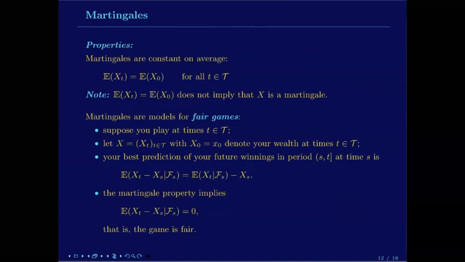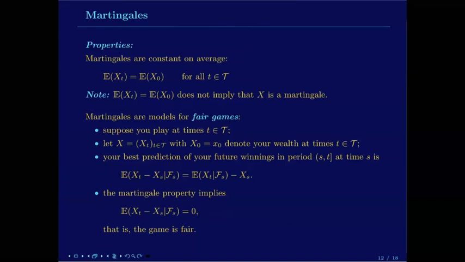Now a few properties about martingales. The first becomes available after repeating the martingale property repeatedly, at least in discrete time. The general martingale property looks at 2 different points in time.